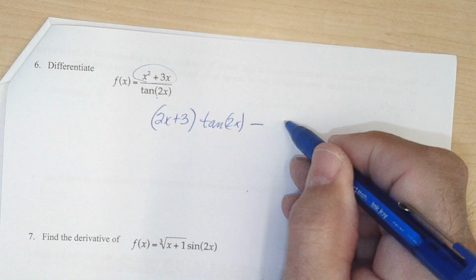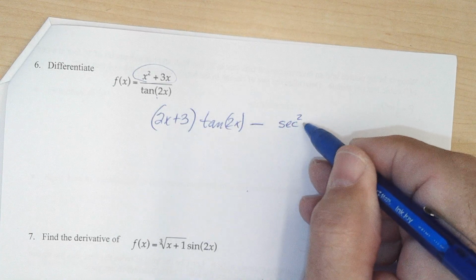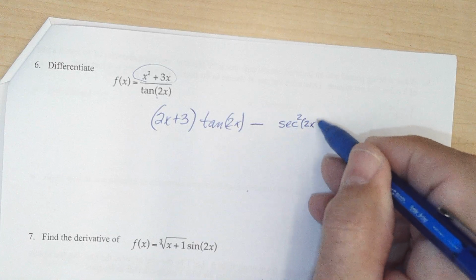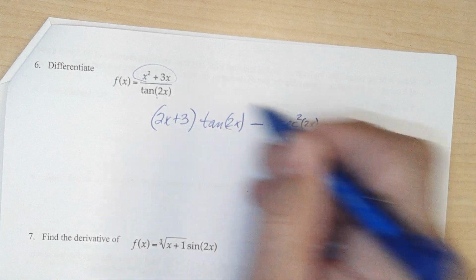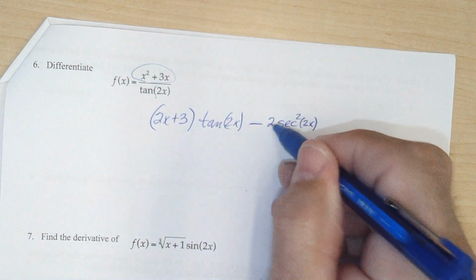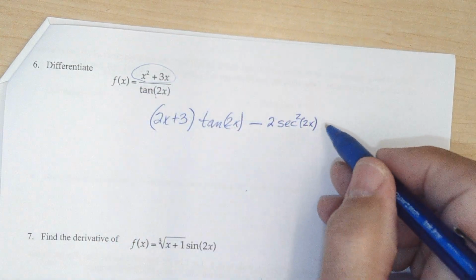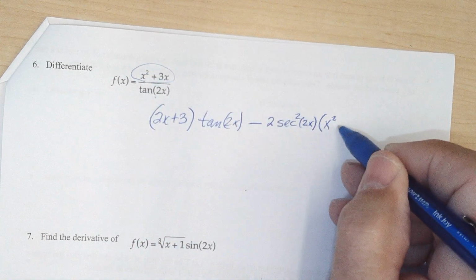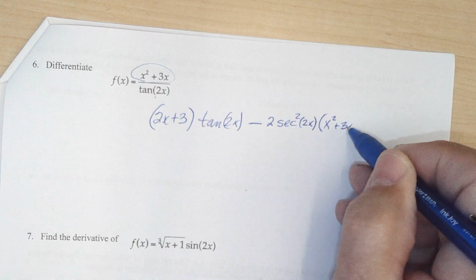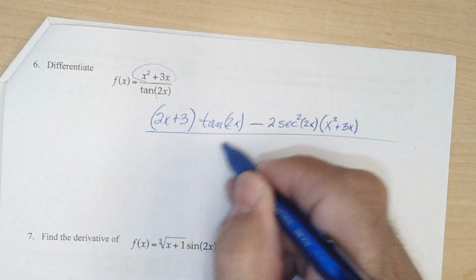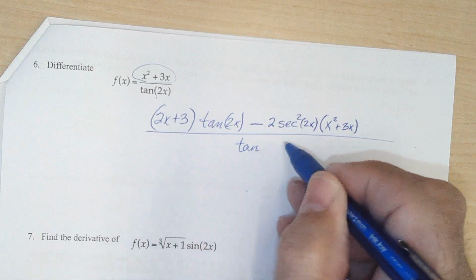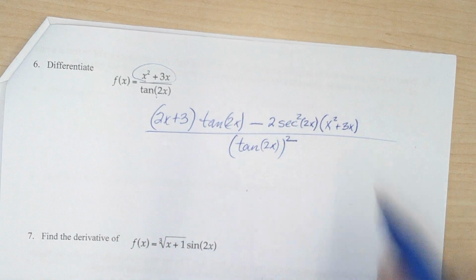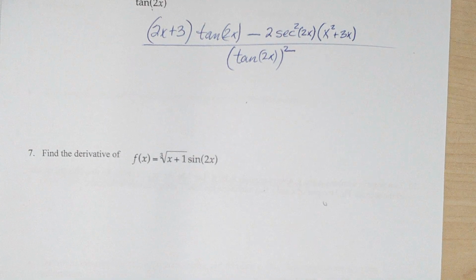Derivative of tangent is secant squared, leaving the angle alone, but then times the derivative of the inside, which is times a 2. So that's the derivative of the denominator, times the numerator, and since it's added, I need to put these in parentheses, over the denominator squared. And it's fine to leave it like that.